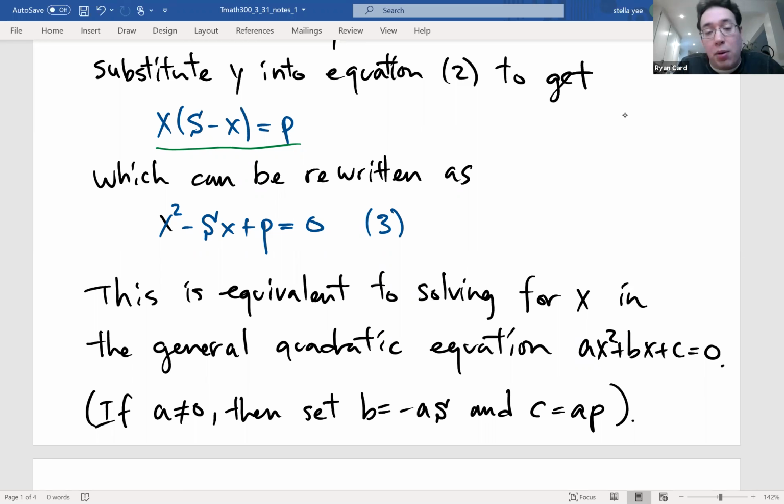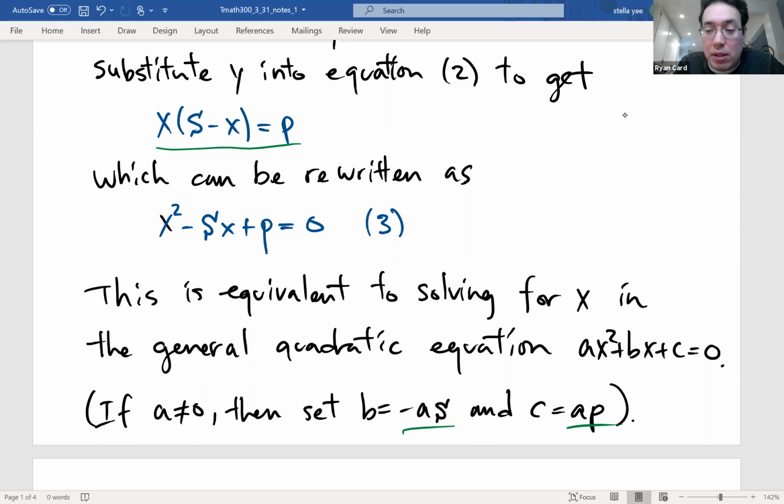Being able to solve this equation is really equivalent to solving for x in the general quadratic equation ax squared plus bx plus c equals 0. Really, the only difference is that as long as a is non-zero, you could substitute b for negative as and c for a times p.